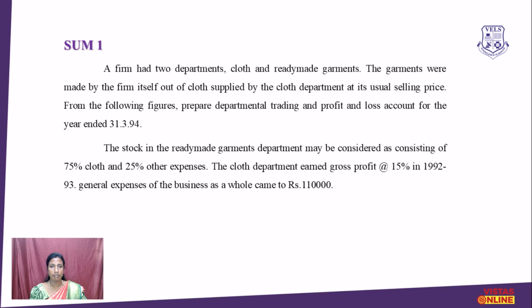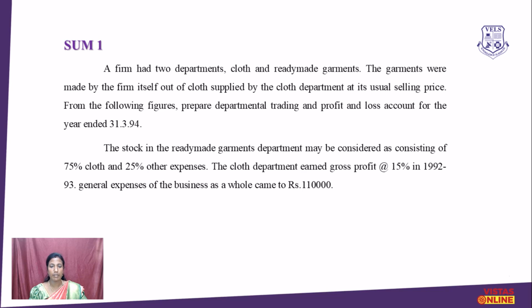From the following figures, prepare departmental trading and profit and loss account for the year ended 31st March 1994. The stock in the ready-made garments department may be considered as consisting of 75% of cloth and 25% of other expenses. The cloth department earned gross profit at 15% in 1992-93.